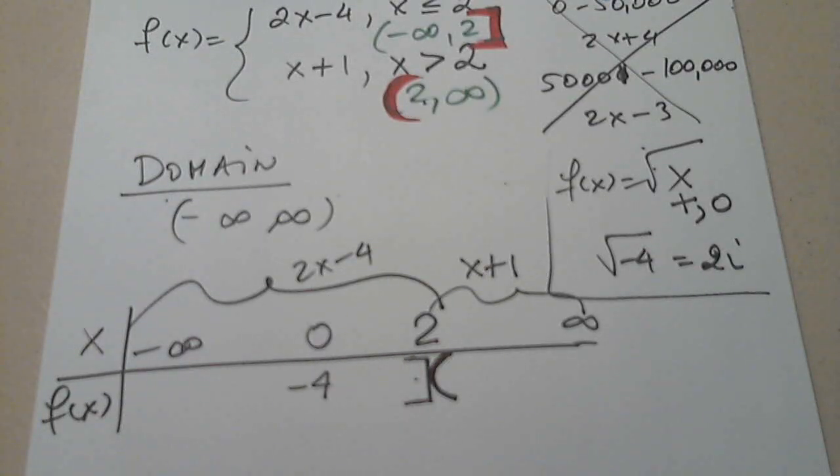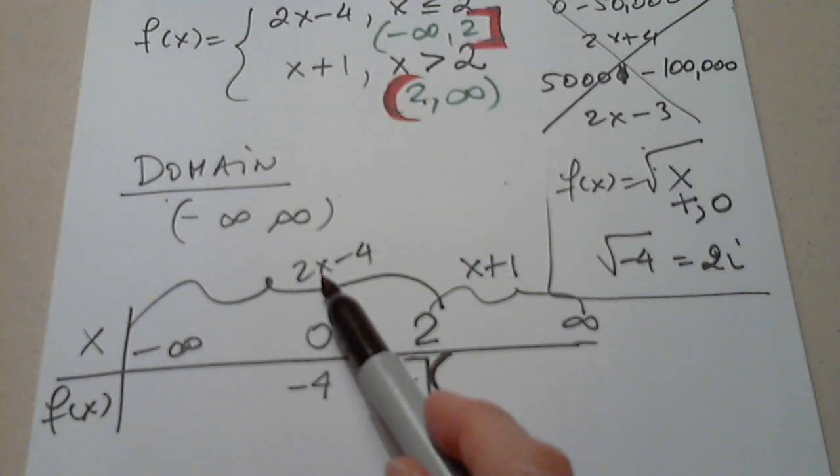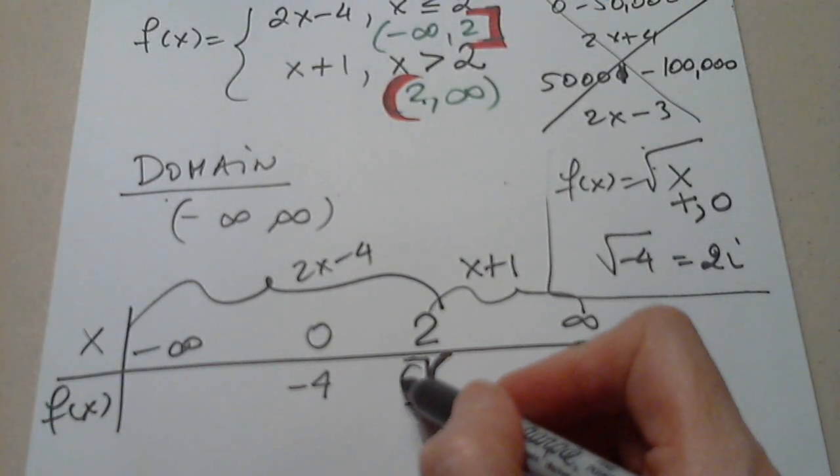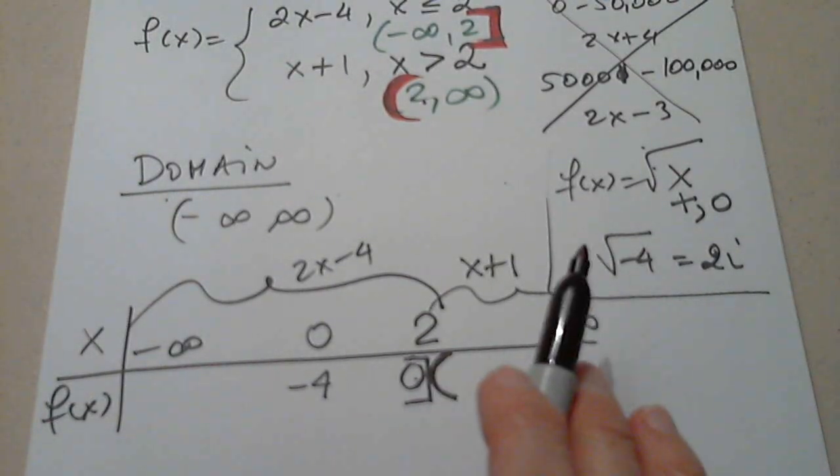When you plug in 2, what do you get? Two times 2 minus 4. What do we get? 0. Very good. Awesome.